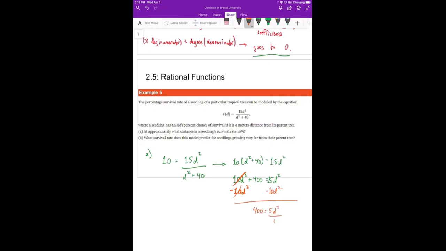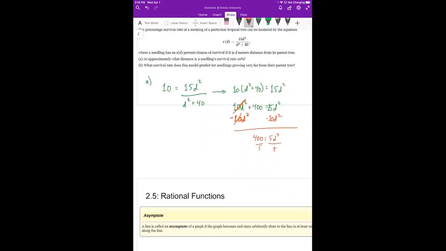And of course, once we divide by 5, okay, 400 divided by 5, I want to say that we get 80, right? If you do 5 times 80, you should get 400. So then it looks like D is the square root of 80. All right, and since we're talking distance, we of course only want the positive square root. And if you wanted a decimal for this, you could say that this is roughly 8.94.